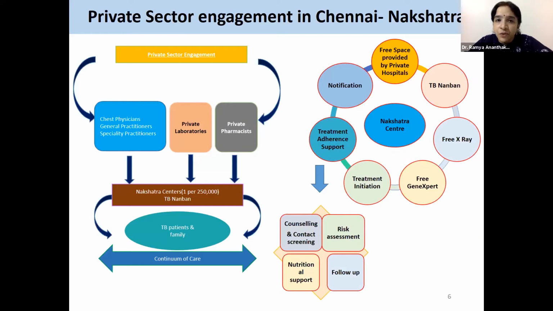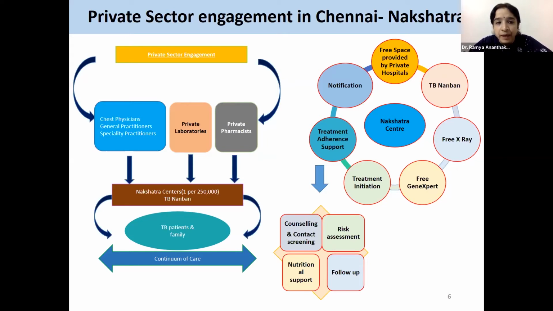I'd like to talk very briefly about how we engage with the private sector and how COVID had impacted the provision of care, especially for NCD and also TB. As I mentioned, we have been engaging the private sector through these Nakshatra centers, which are centers in the private hospitals, roughly 1 per 250,000 population.